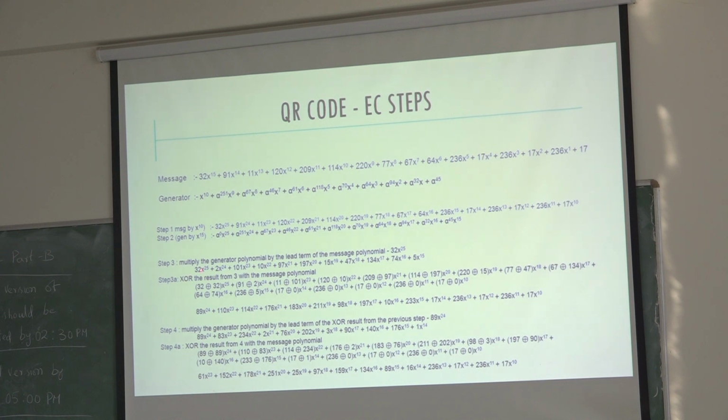Whatever this value is, this value 32 will be XORed with the message polynomial with respect to the equivalent x power terms. So the x power n term is XORed with x power n, x power n minus 1 is XORed with x power n minus 1. It's exactly equal to subtraction of your message polynomial with the quotient.